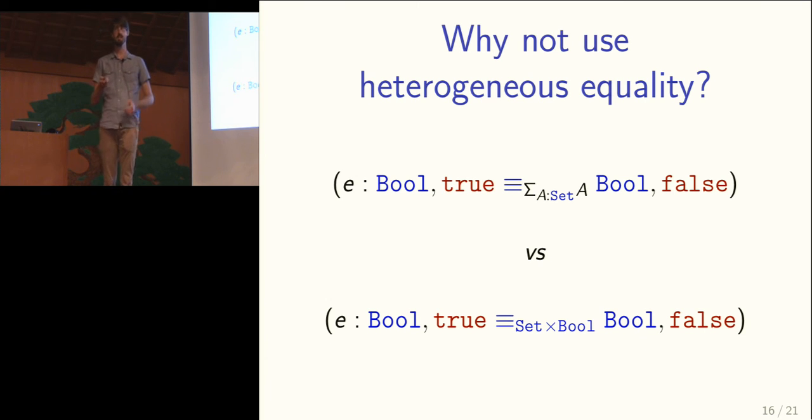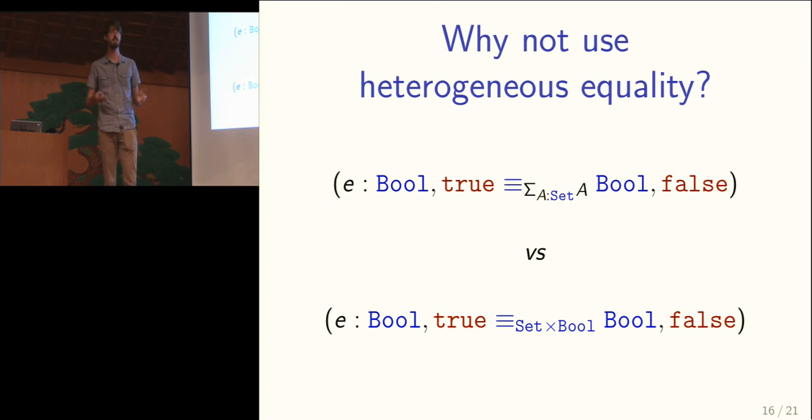And to see this, consider the following two unification problems. So the first one is an equation between bool, true and bool, false of this sigma type we had before. And the second equation is exactly the same one, except the type here is a non-dependent product. And if we were using heterogeneous equality, then both these equations would simplify down to the same set of equations.